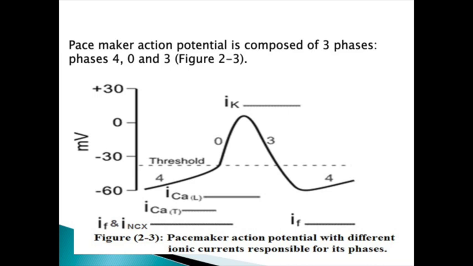After reaching the peak of this curve, the calcium permeability gradually decreases, while the potassium permeability increases markedly, causing the repolarization part of this curve.